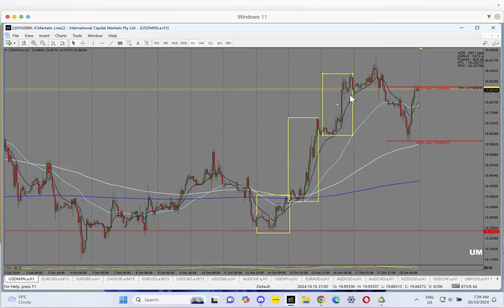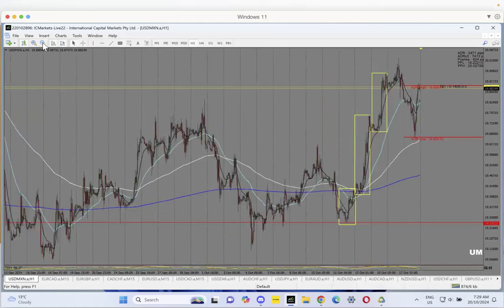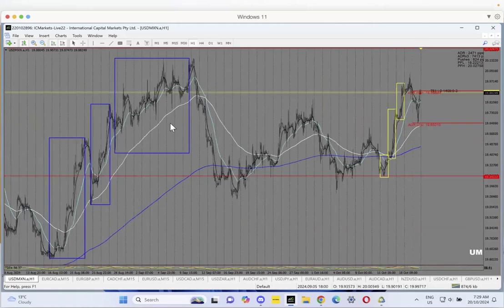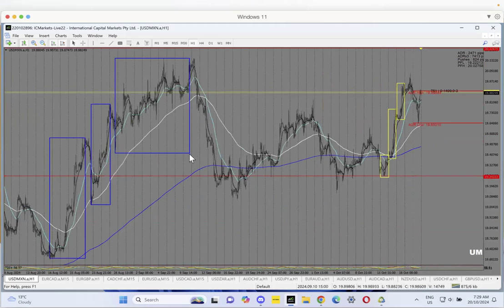So what do I expect next? A reversal. Did the reversal happen? Yes. So that means that's my first 4-hour level right there. That's my first 4-hour level.